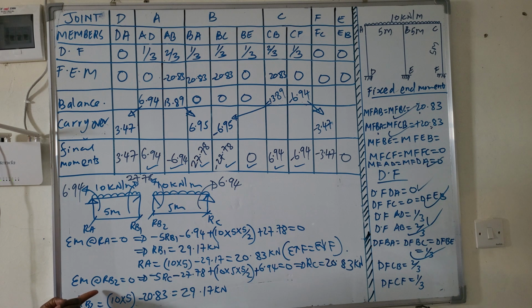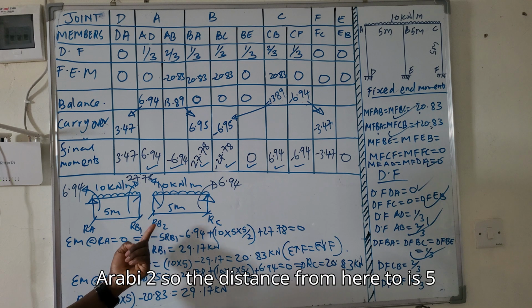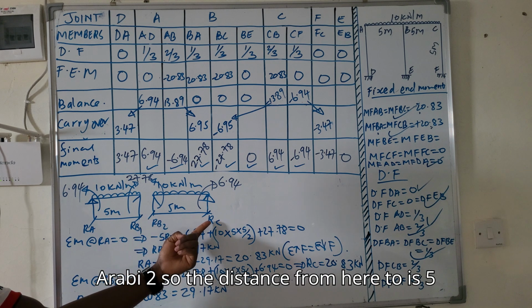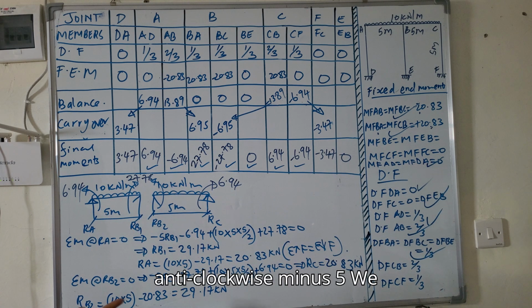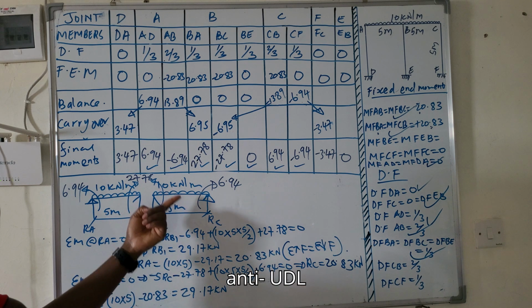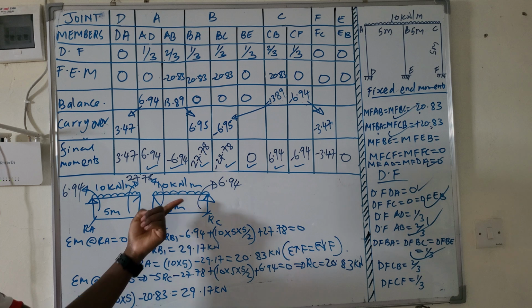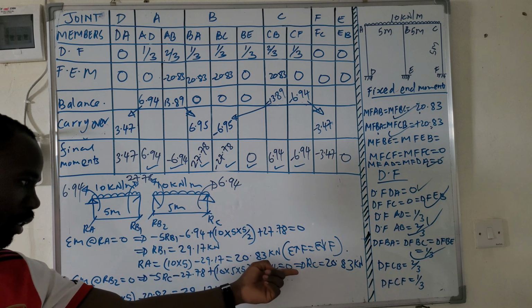We come to summation of moment at RB2. The distance from here to there is 5. RC is moving anti-clockwise, minus 5. You come to this moment, in which direction? Anti, minus. UDL, clockwise, plus, then this one plus.